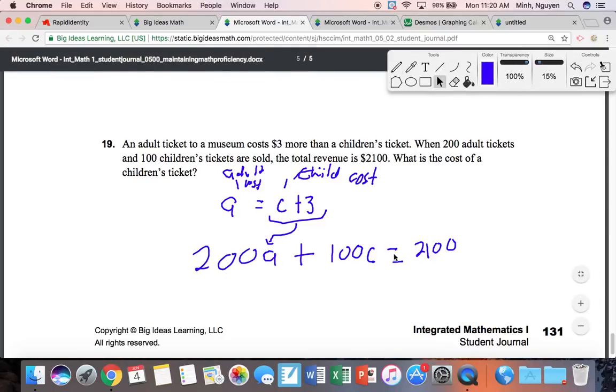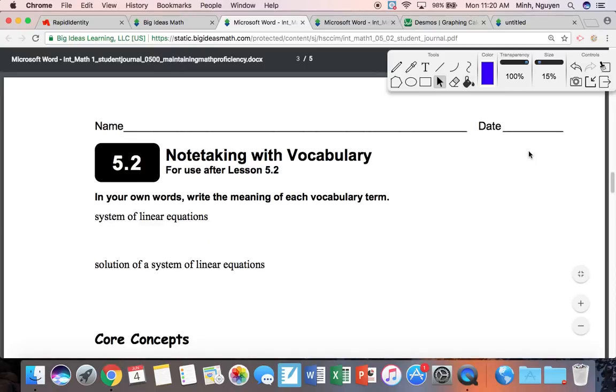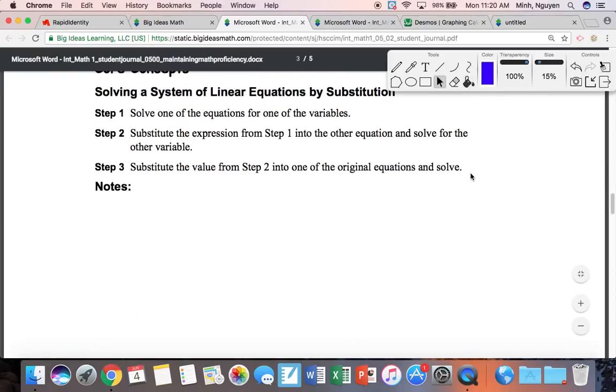Okay guys, if you don't understand this or anything on this section, make sure you ask your teacher or let me know. And that's how you solve systems of equations by substitution. You find a variable by itself, you plug it in to the other one, or you substitute, and then after you get an x or a y, it doesn't matter which one you get first, you substitute it into one of the original equations.